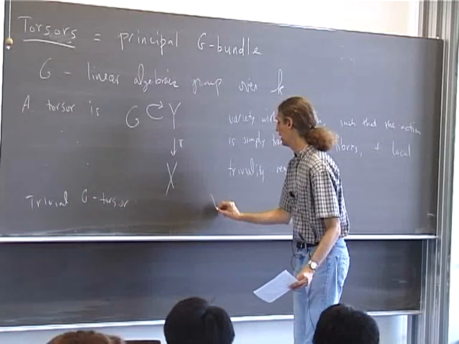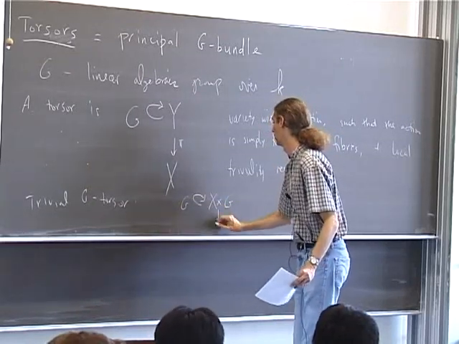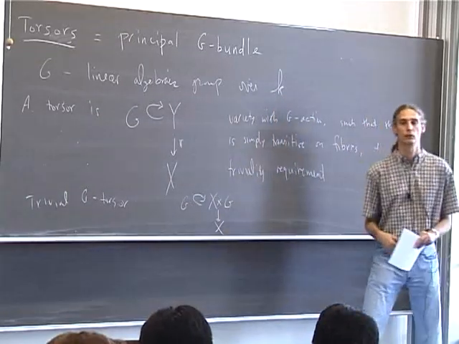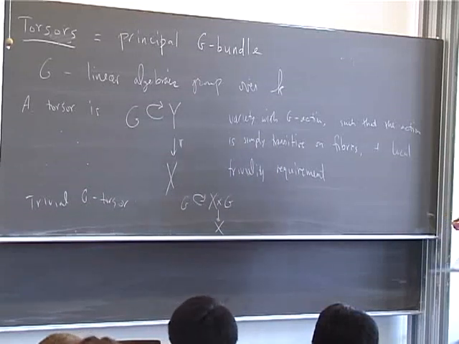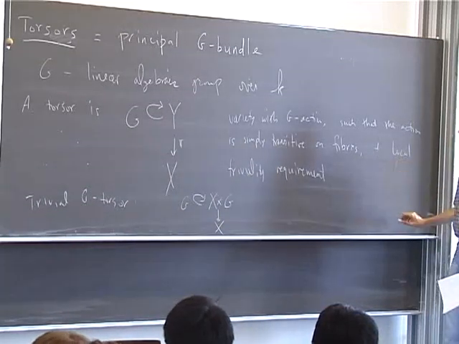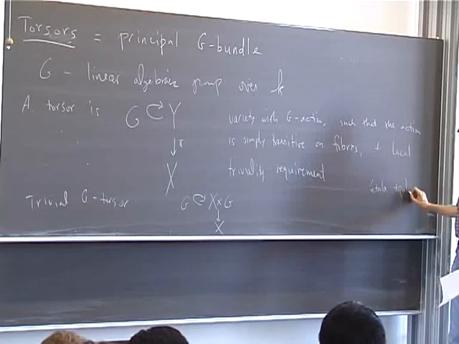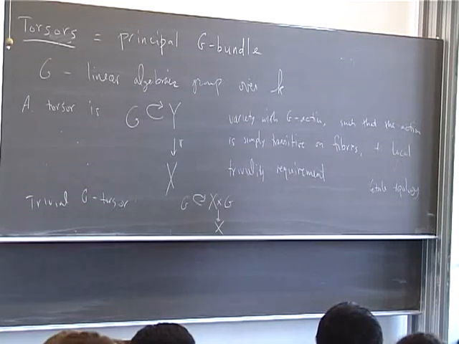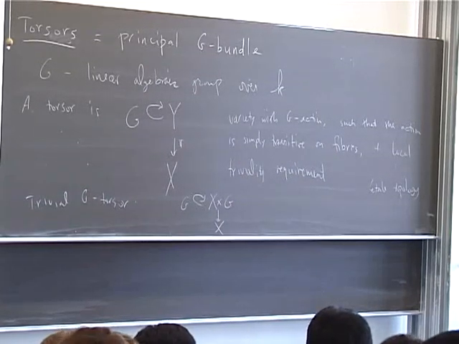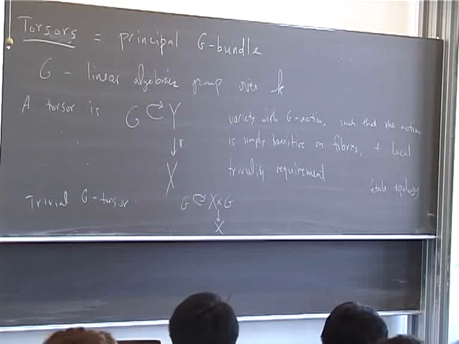You just take X cross G. So this should be a local model for the torsor, and local for the, if you know it, étale topology. Okay, so that's something, well, it would be too much of a digression to define Grothendieck topologies and the whole theory, but you have to use it.